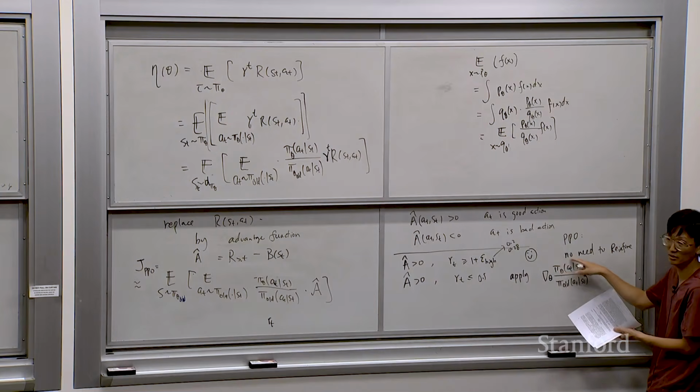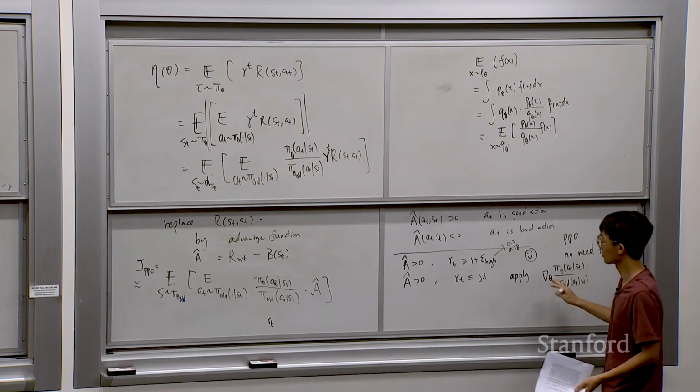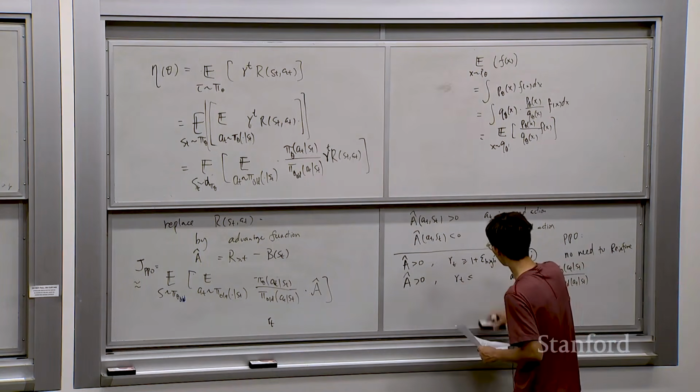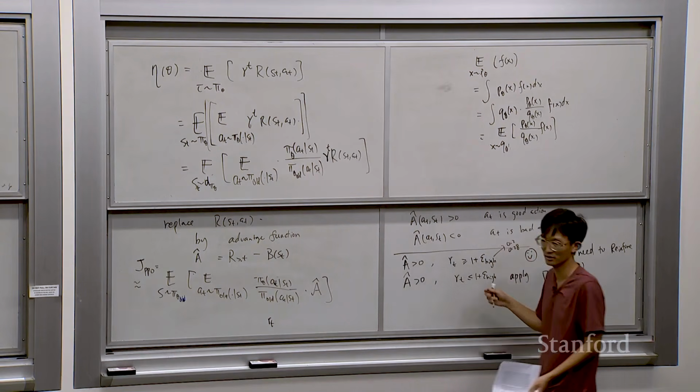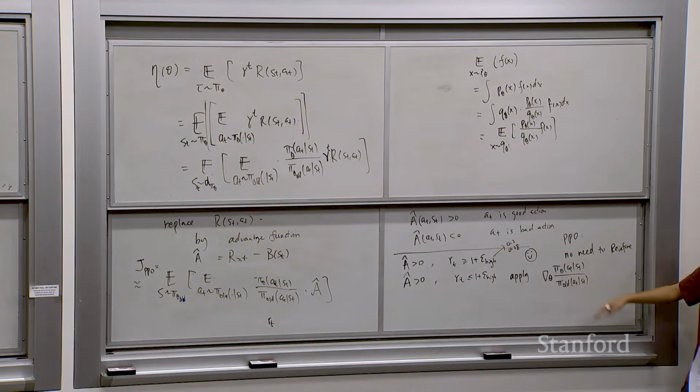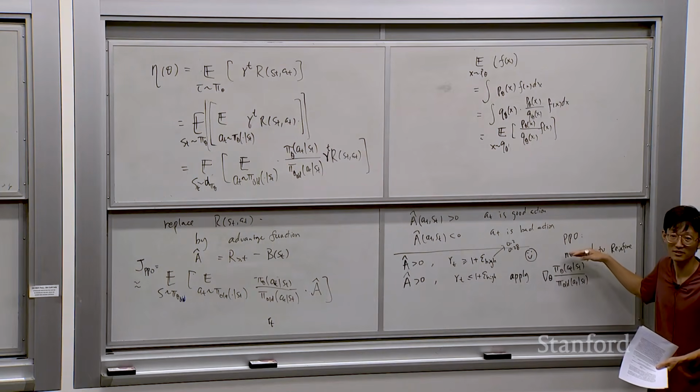You want to increase the probability of this. As usual, in the PPO situation, as long as it's less than this bound, you say, good, I'm going to take the gradient. But in the other case, I just drop it.